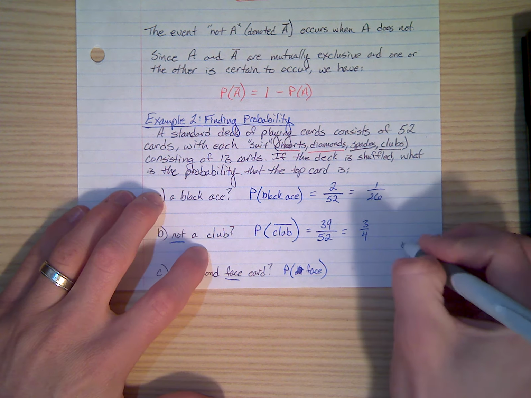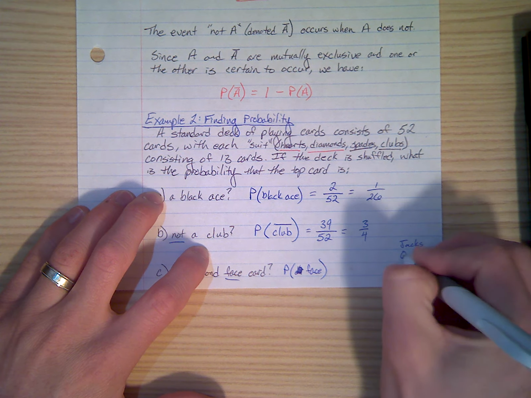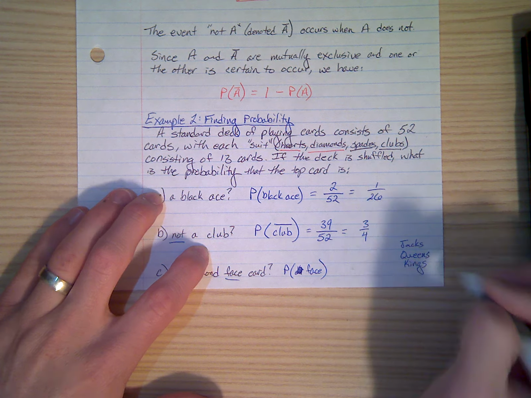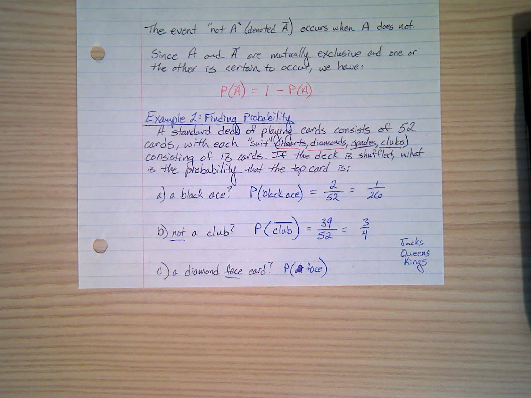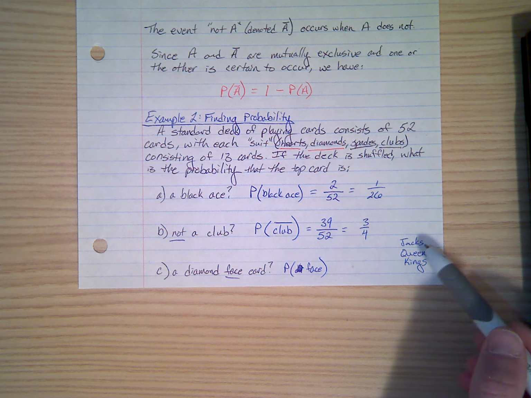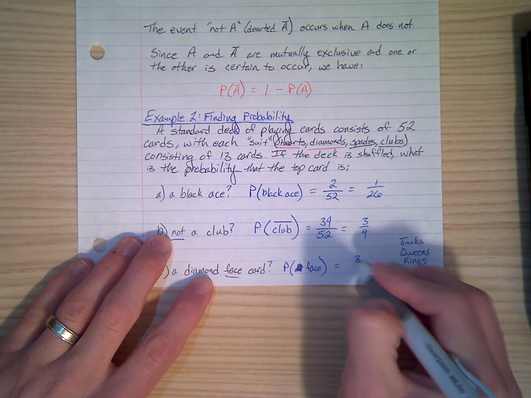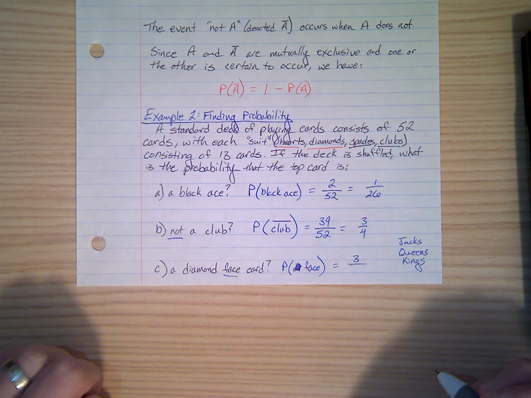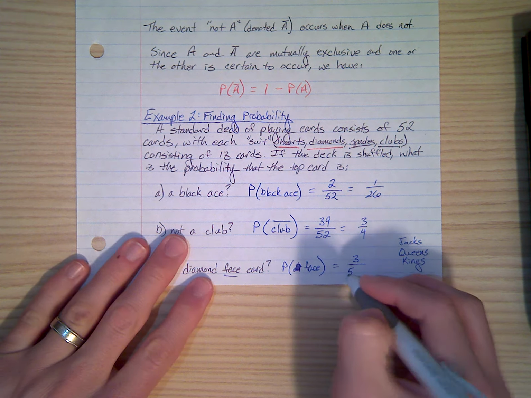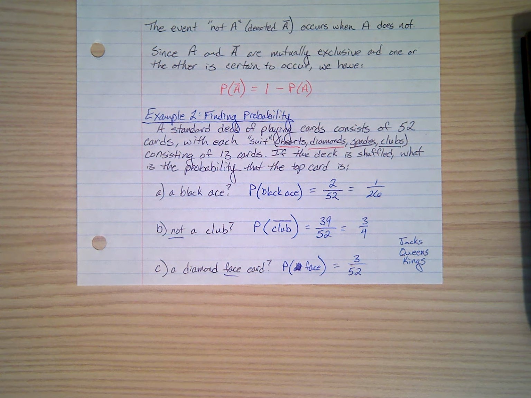So we're talking jacks, queens, and kings. Those are the 3 face cards. Since they have to be specifically diamond, it's only the jack of diamonds, the queen of diamonds, and the king of diamonds. So there's only 3 diamond face cards out of that 52. And that does not reduce, so you would leave it as 3/52.